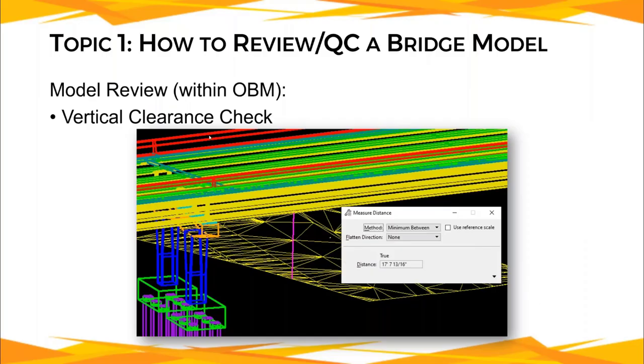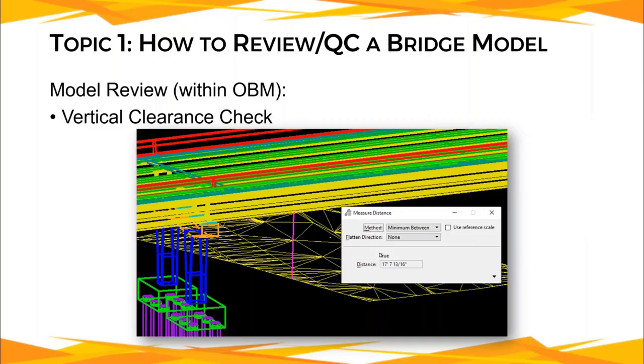So again, that's just something to keep in mind, whether you are using this method to do the clearance check for an existing or a proposed. So I'll go through the process verbally, and then I'll jump into the model and try to run through a demo.